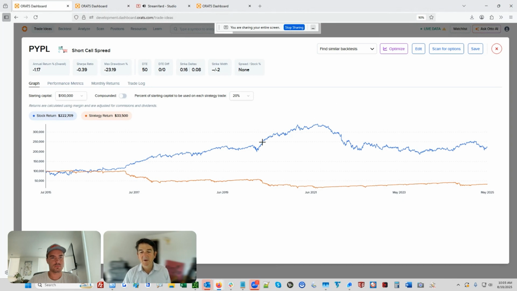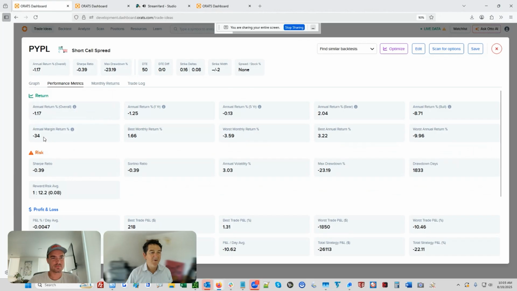So this is PayPal, a short call spread. Believe it or not, even though it's losing money, it's down 34% on a margin level, this is one of the better ones of the short call spreads.